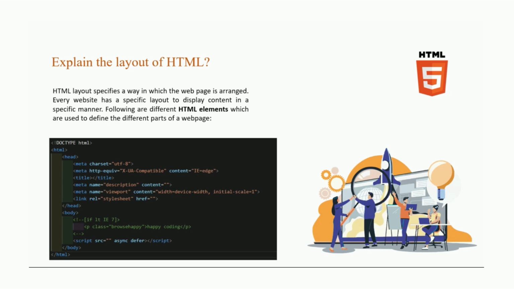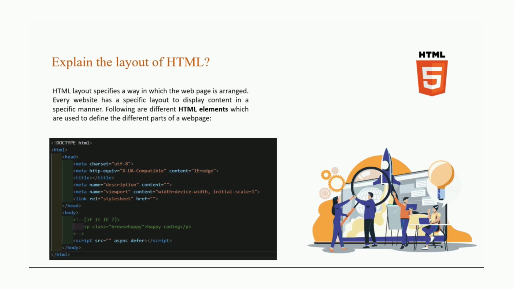Here we can see that first of all we have to do the doctype declaration. Inside that we use the HTML element, which is the root element of our DOM model. Inside HTML we have the child head. Head has its own children, which are meta, title, link, etc.